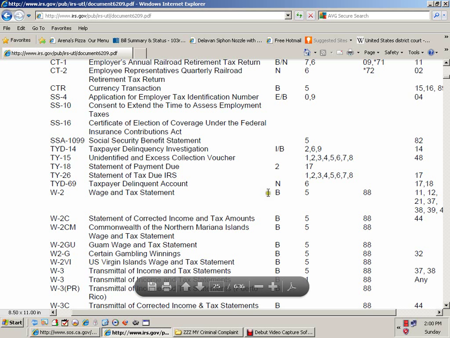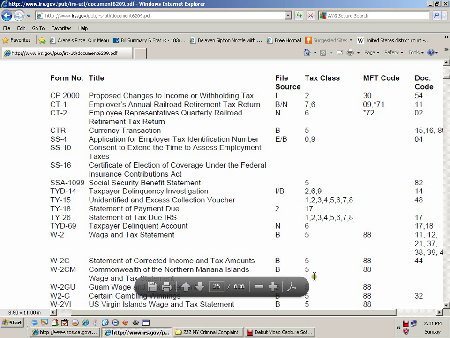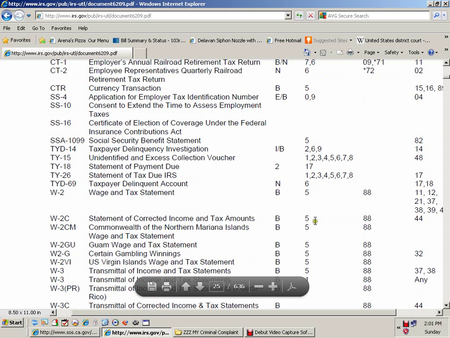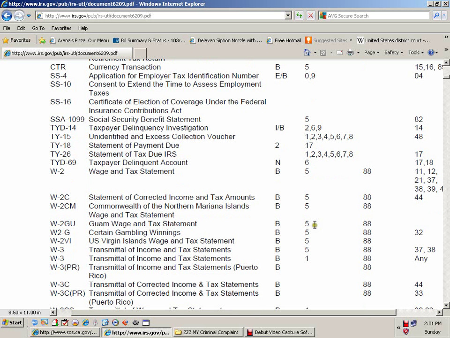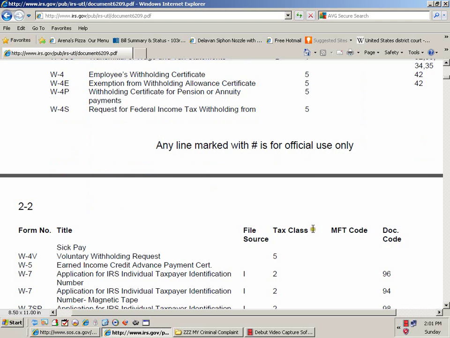So for instance, a W-2 is a class 5 tax class. W-2, class 5. W-2C, W-2CM. By God, look at that. All the W-2s are class 5. That's interesting. And so are the W-4s. They're all class 5.